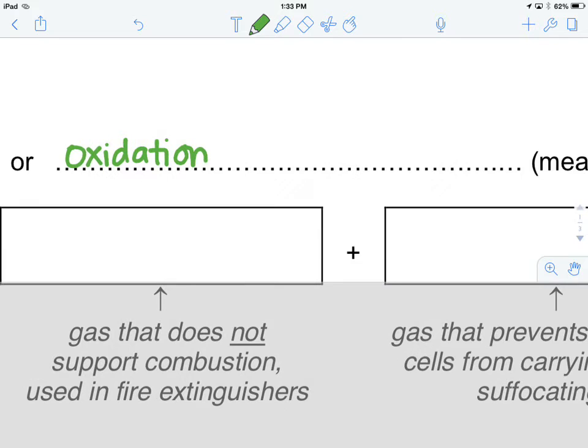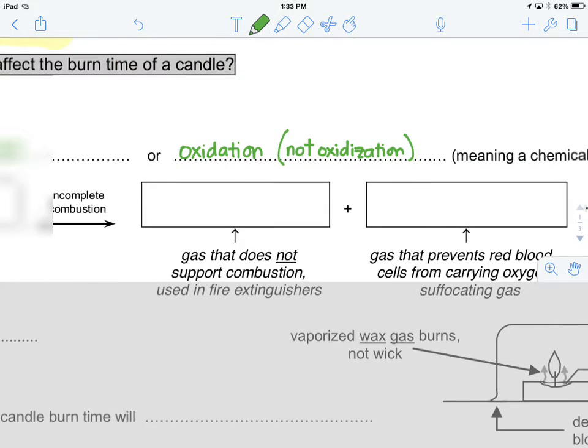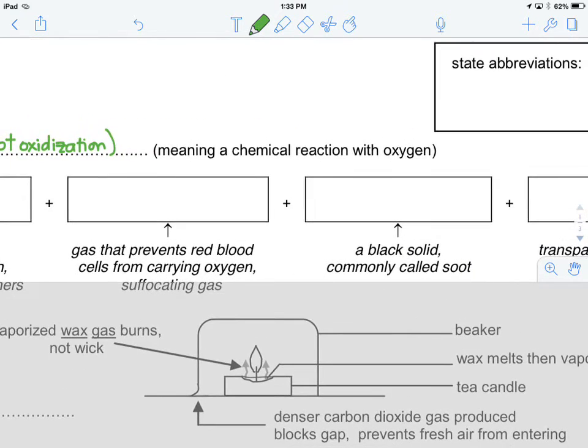Keep in mind, this is not oxidization. Those are two different things. Oxidation or combustion means a chemical reaction with oxygen. So really anything that's burning is undergoing a chemical reaction with oxygen.